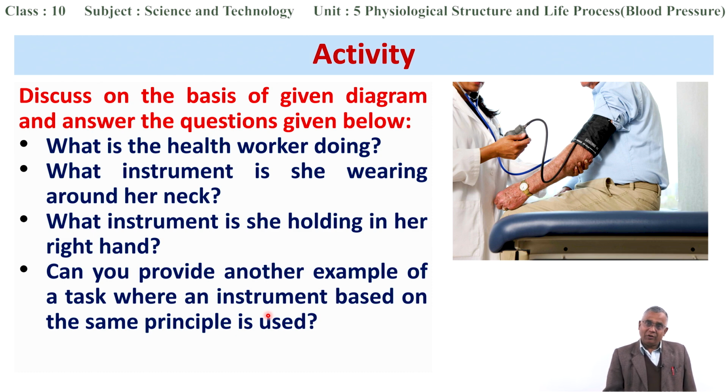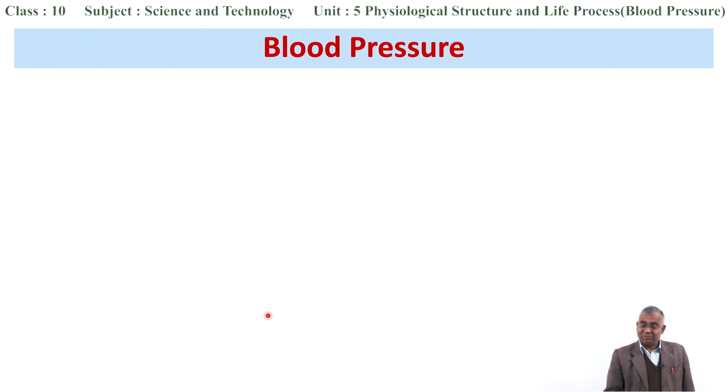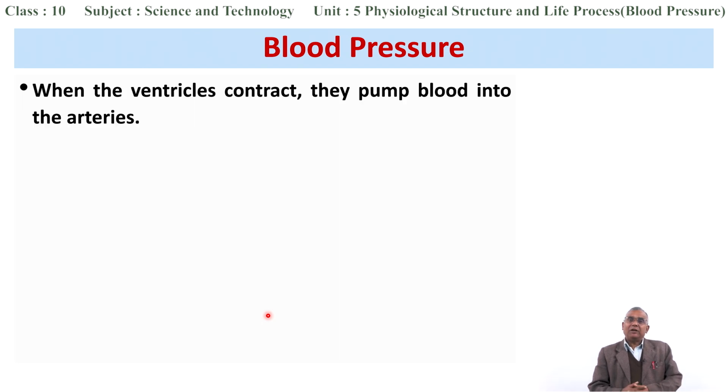Okay, students, now start today's lesson, that is blood pressure. So what is blood pressure? You know that blood is pumped by the heart. And what part of the heart pumps blood? Already you have finished, that's why I am not showing you this. That is the ventricles. When ventricles contract, blood is pumped out from the heart. One tube carries the blood from the right ventricle to the lungs.